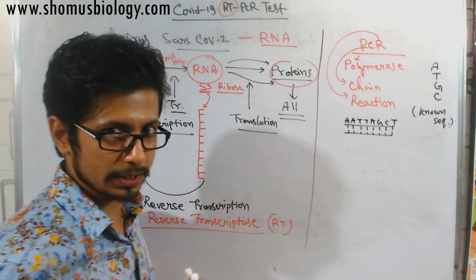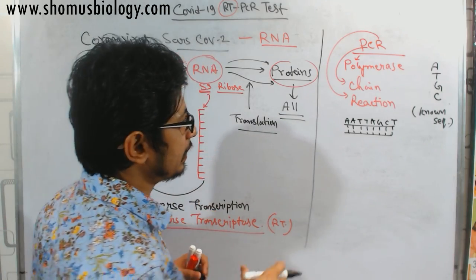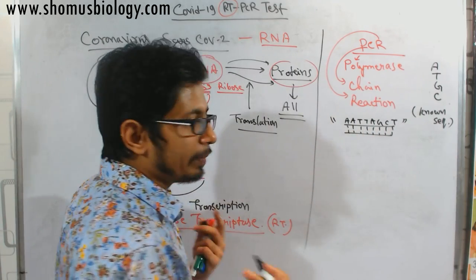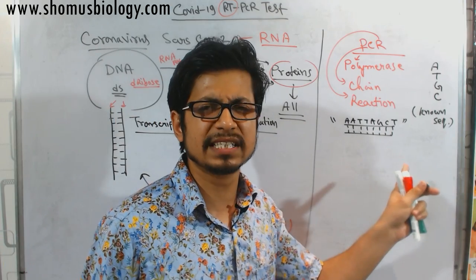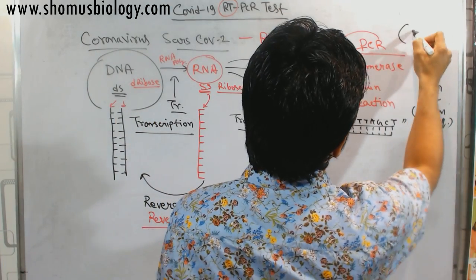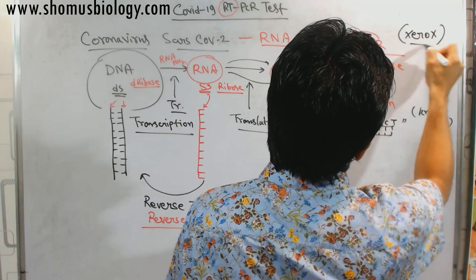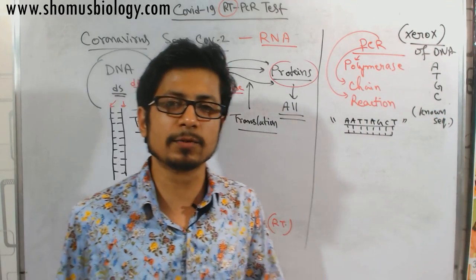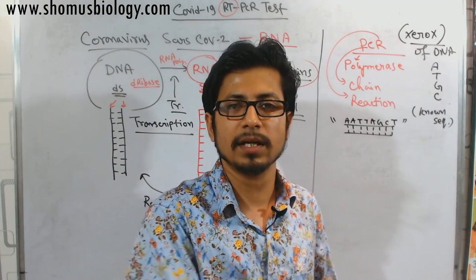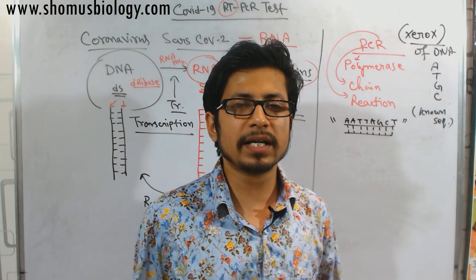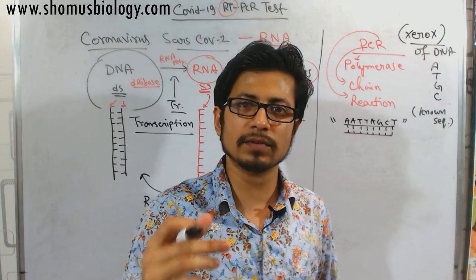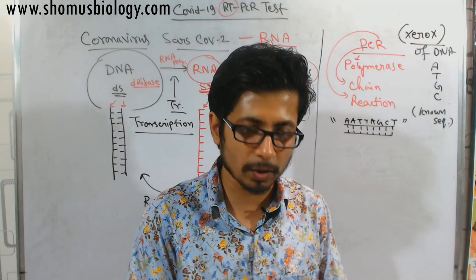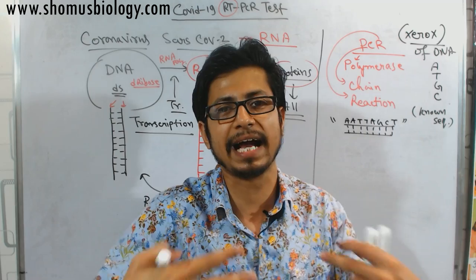We know the sequence. And now what we want to do is get this DNA and make more copies of it, just like a Xerox machine. Xerox of DNA. In a Xerox place, you take a paper and say, give me copies of that. No matter how small the paper is, let's say you bring one paper only and tell them I need 10 lakh Xerox copies.